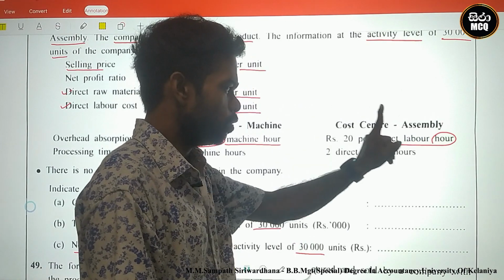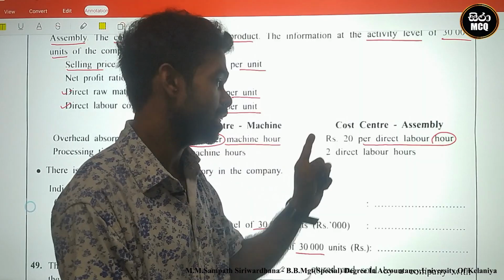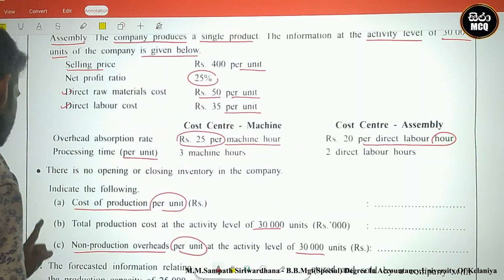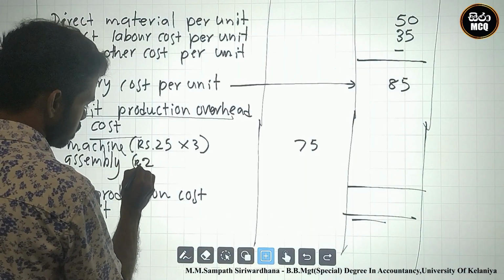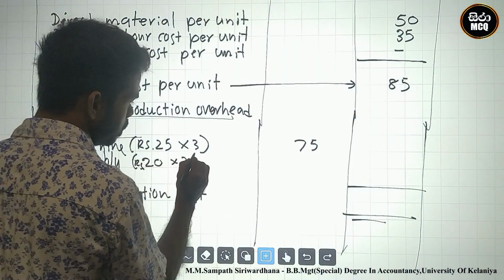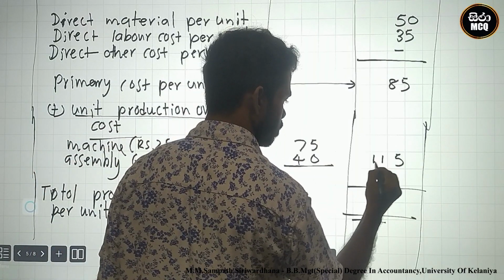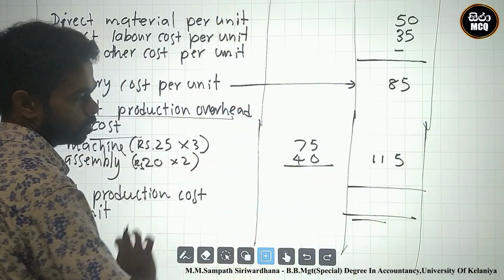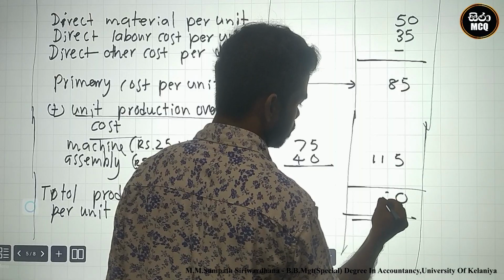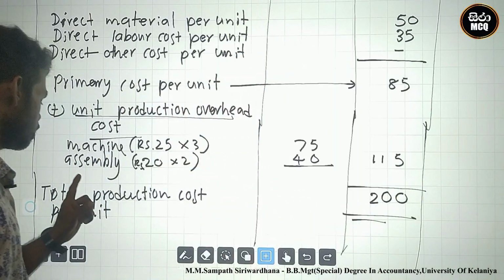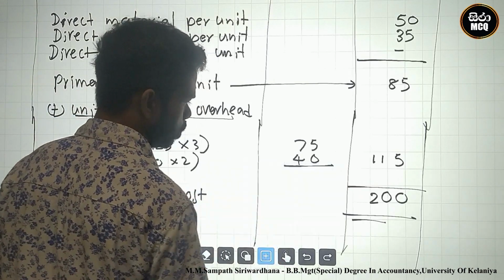For 1 labor hour we absorb 20, and there are 2 labor hours to produce 1 unit, therefore 20 multiplied by 2 is 40. This is the overhead cost absorbed. We can get the sum of these, 200. 200 is the total production cost per unit. This is the answer.